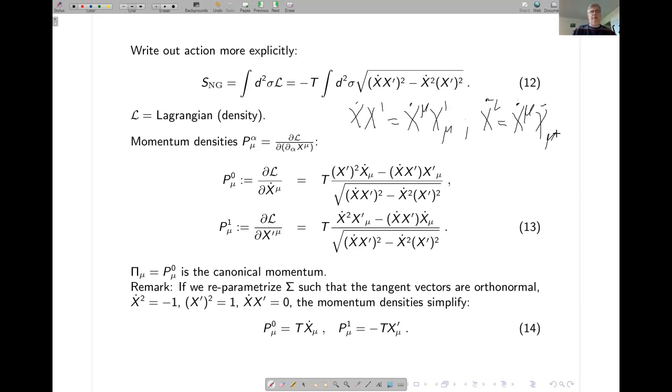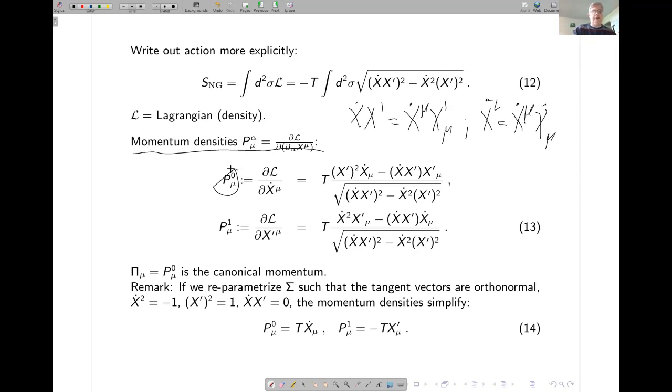Now, for the following manipulations, it is helpful to introduce the momentum densities on the string worldsheet. These are the derivatives of the Lagrangian with respect to the tangent vector components. The first value is if we put the worldsheet index alpha equal to 0, we get dL by dx dot.